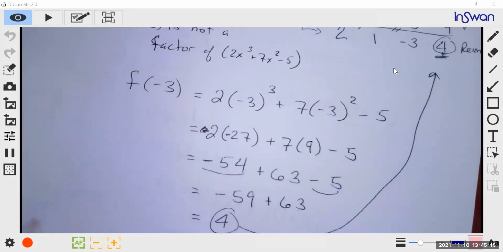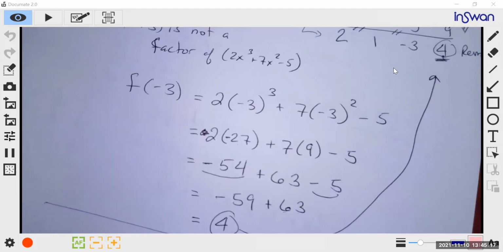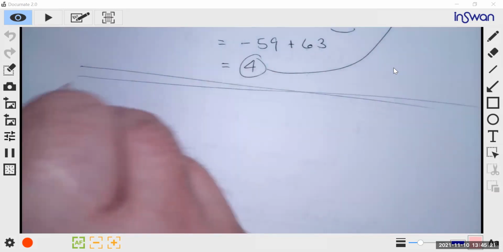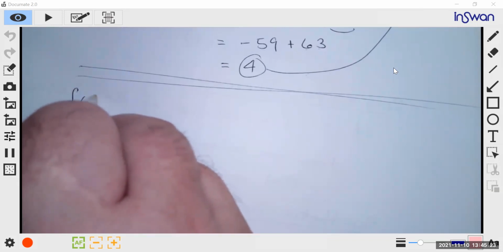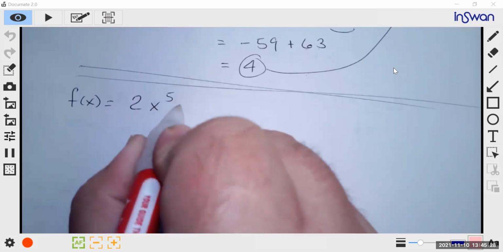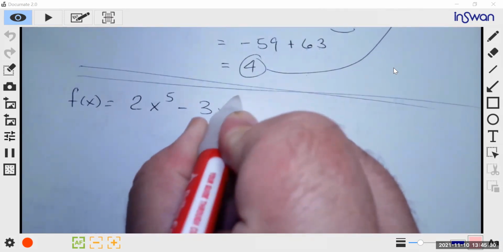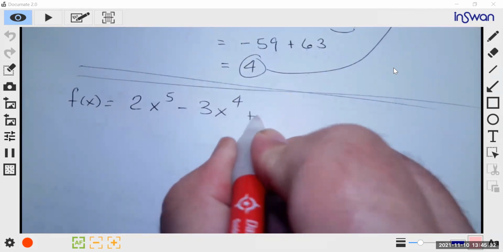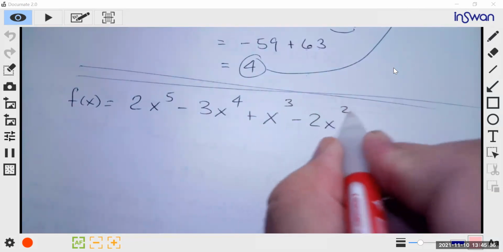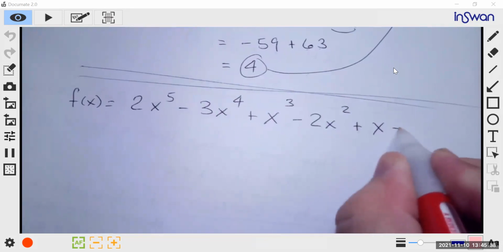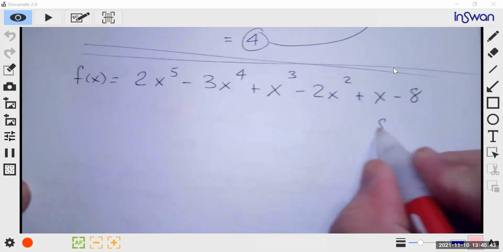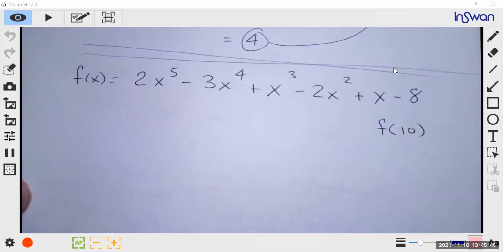It saves you lots of time. Here's an example of it. F of x equals 2x to the 5th minus 3x to the 4th plus x cubed minus 2x squared plus x minus 8. Find f of 10.